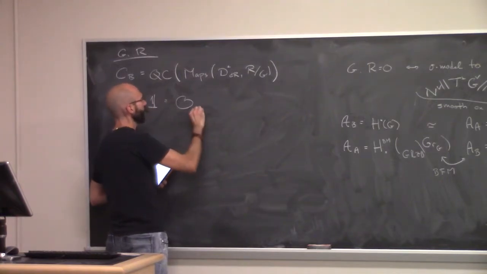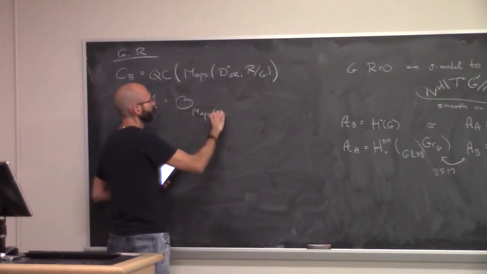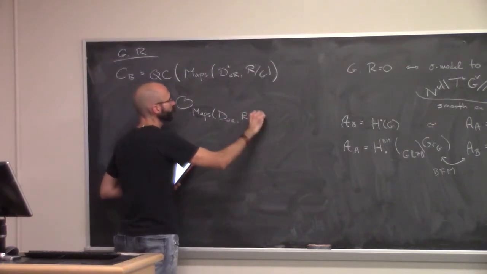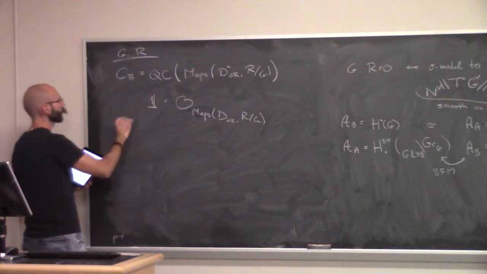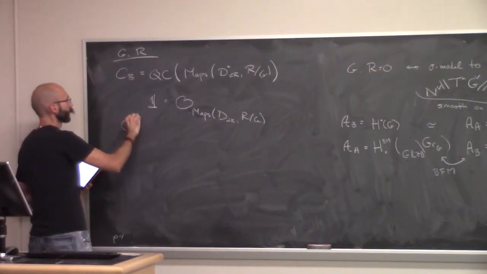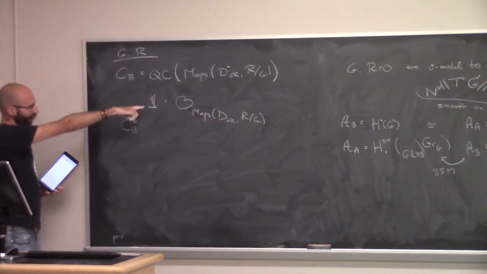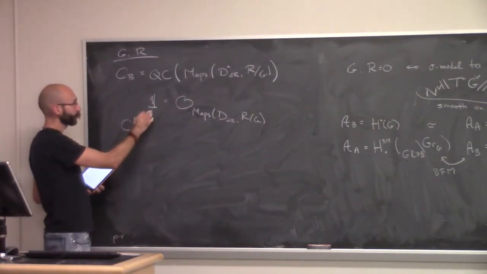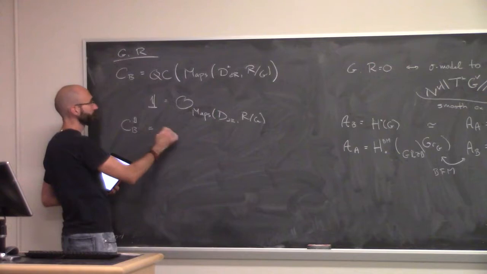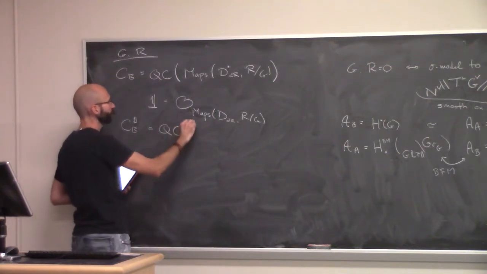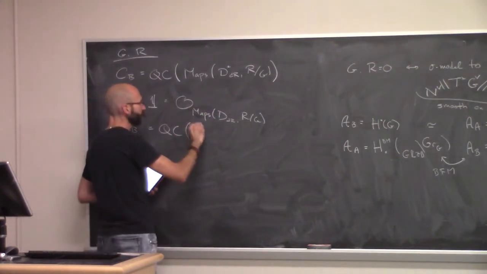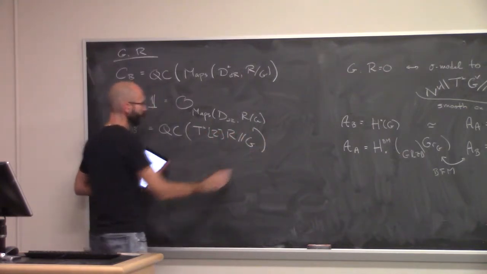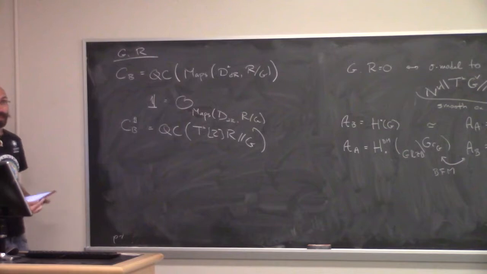It's the structure sheaf on maps from D to R mod G, which is constant loops. And if we look at the category that talks to one, if we localize the category at the trivial line, we get something simpler and maybe hopefully more familiar. It's just sheaves on the cotangent stack. It's sheaves on the Higgs branch.